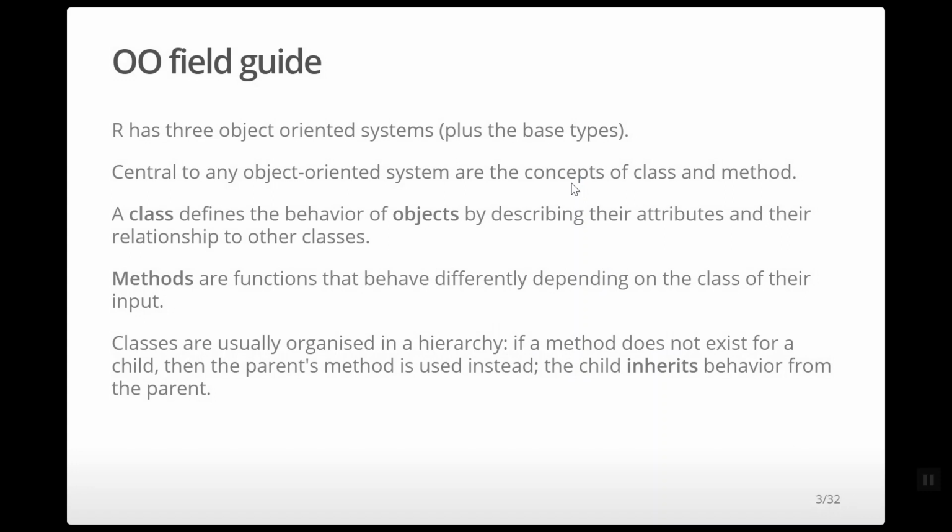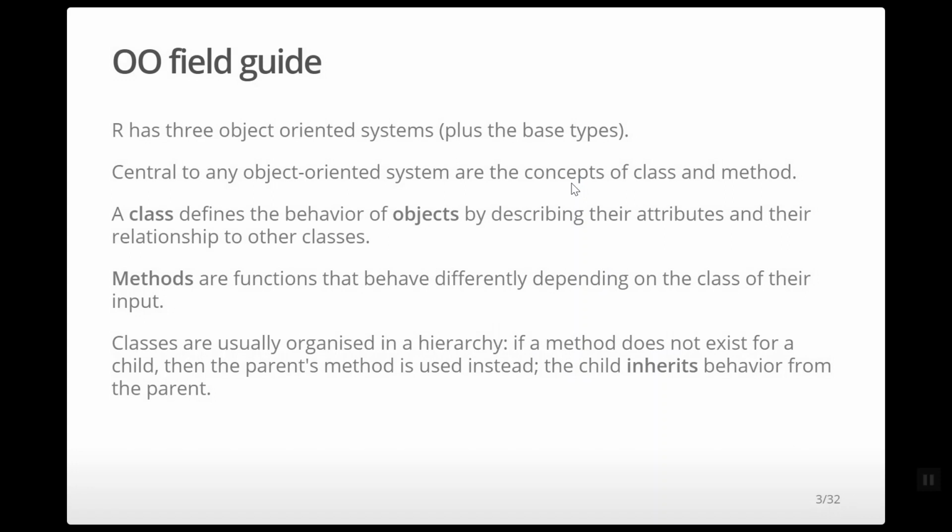So we might say baseball bat and golf club belong to the stick class because they're kind of stick-shaped objects, whereas books and bricks would belong to the block class or something. Anyway, a class defines what an object is, and you might have specific versions of the class. Okay. Methods are functions.